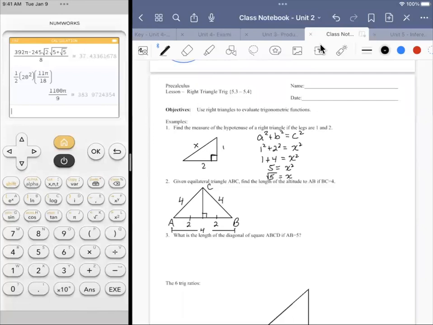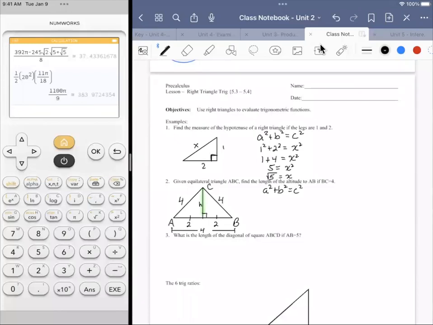So if I want the length of the altitude, I'll call it H for height. It's Pythagorean, right? So I'm looking for this line segment, which is part of a right triangle. So again, a squared plus b squared is equal to c squared. The two legs are a and b, doesn't matter what order you put them in.